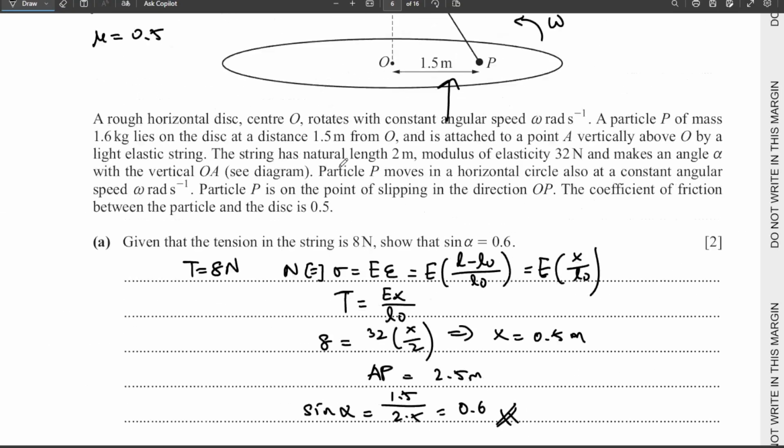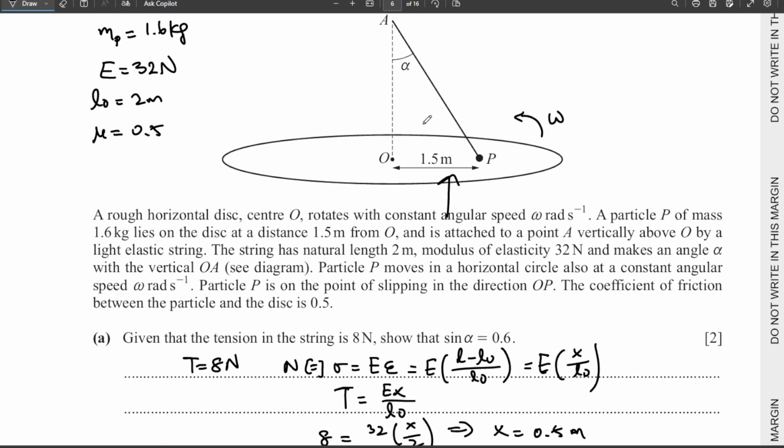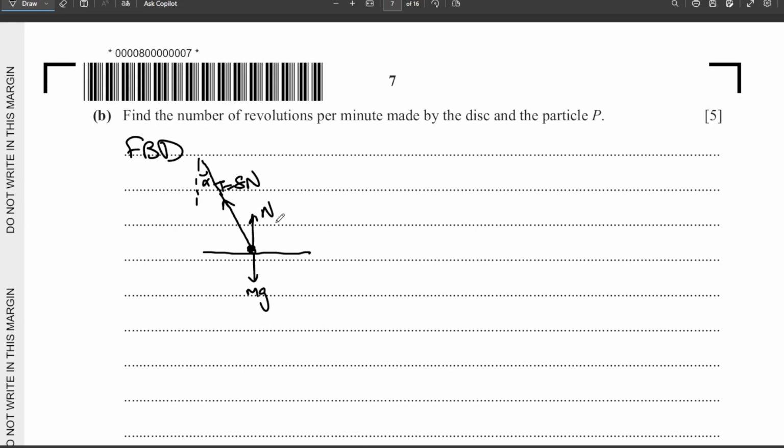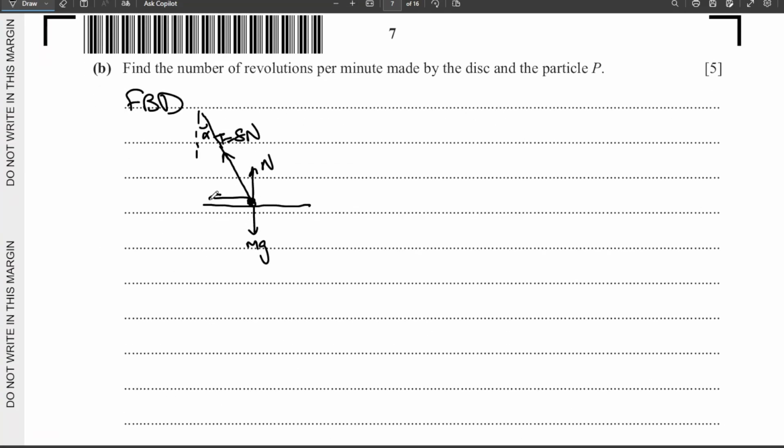Then again, the friction force. It's going to slip in this direction, so the frictional force is acting to the left. So this is frictional force. Okay, I think that's all the forces that we accounted for. Now we look at the kinetic diagram showing the resultant forces.